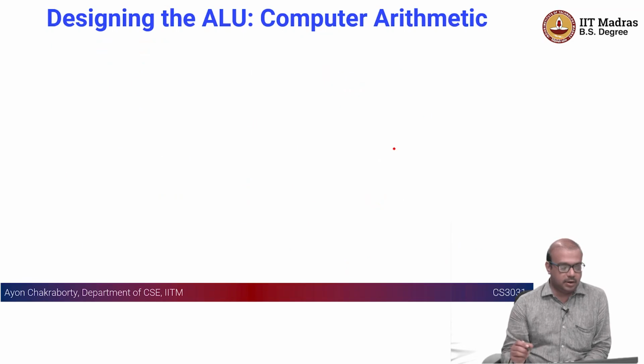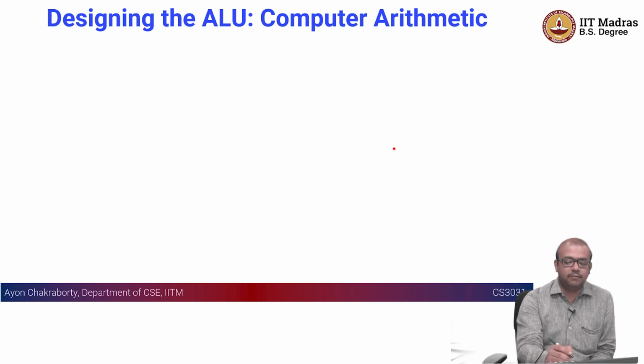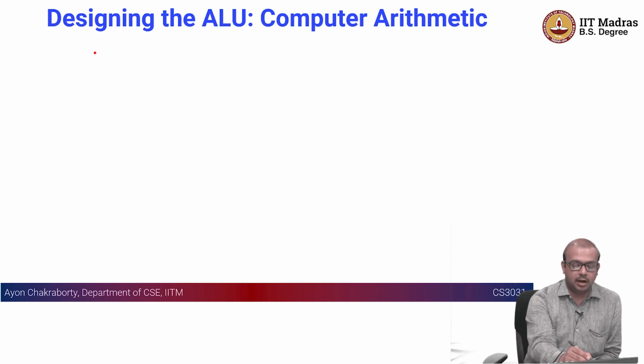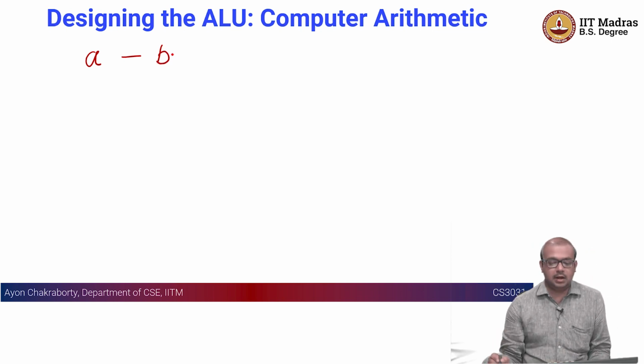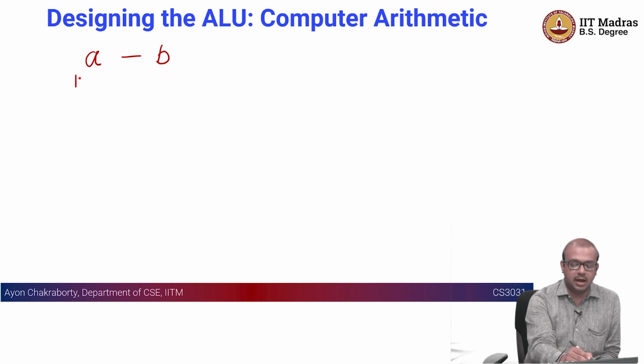So let us look into a general formulation for A, which is a binary number, minus B. We are assuming that both A and B are represented using k bits.